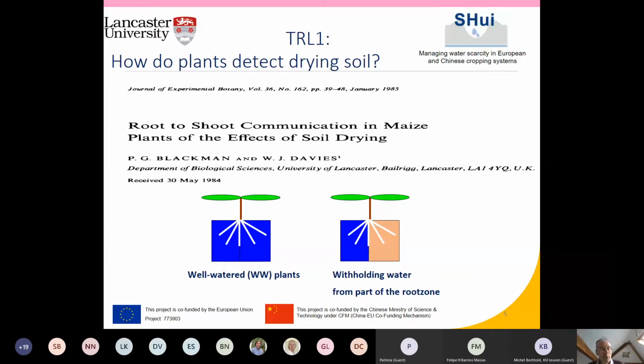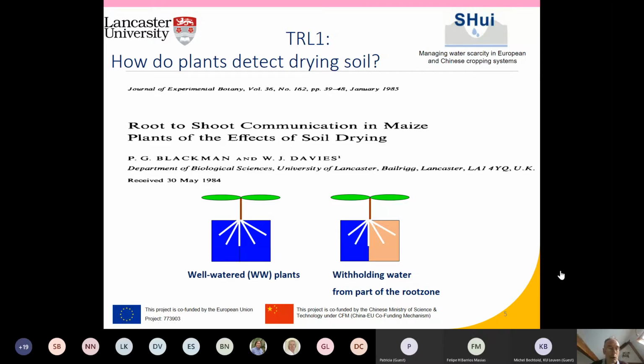However, I think the story on partial root zone drying probably starts with some work from Professor Bill Davis, who's actually on the call here today, working with one of his PhD students, Peter Blackman, in the 1980s. They were interested in how plants actually respond to soil drying.